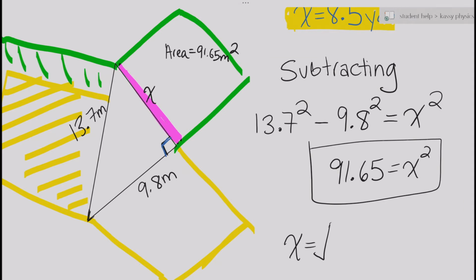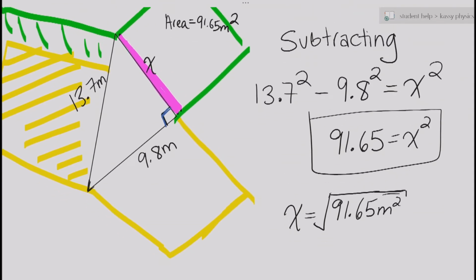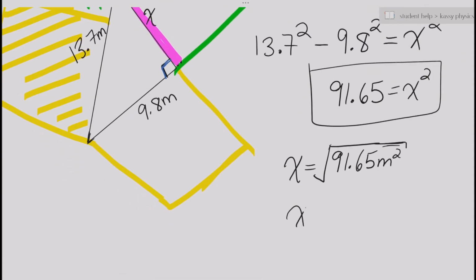So the side length x will just be the square root of 91.65 square meters. And when we do that, to one decimal place, it comes up to 9.5734, blah, blah, blah.